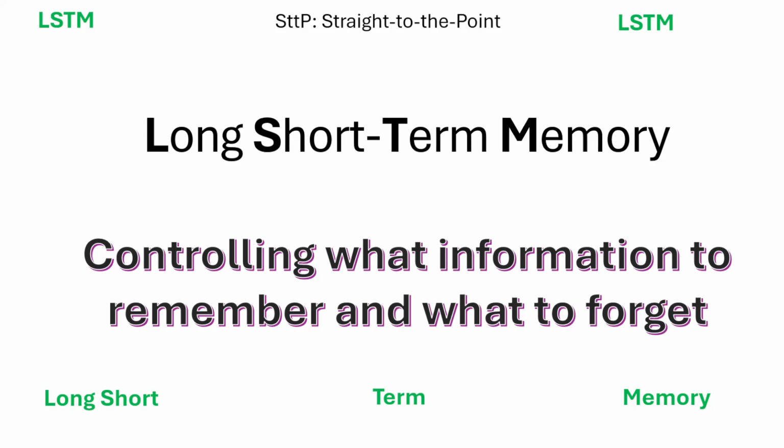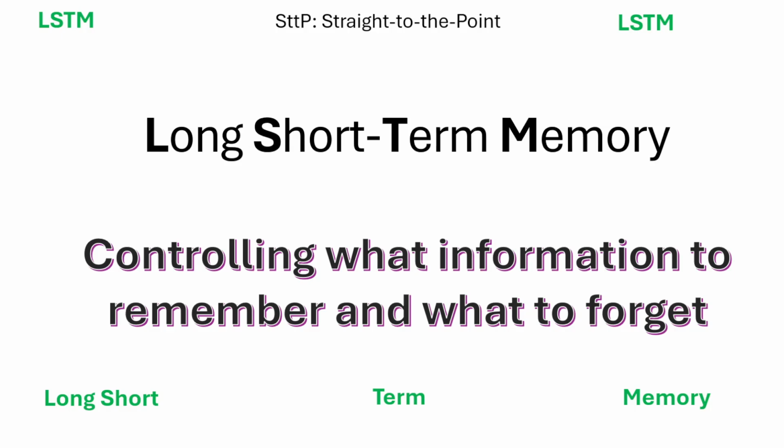Hello everyone and welcome to this new video where we're going to talk about the long short-term memory, and we will introduce the concept of controlling what information to remember and what to forget.